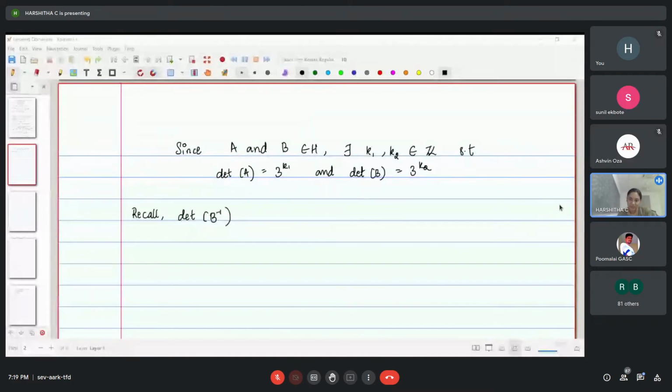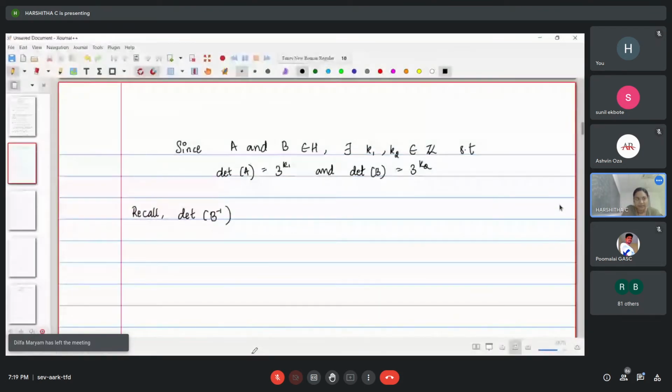Okay, let's look at this. We can actually prove it using the fact that we've already seen. What is B times B inverse? It is the identity matrix just by definition, right?